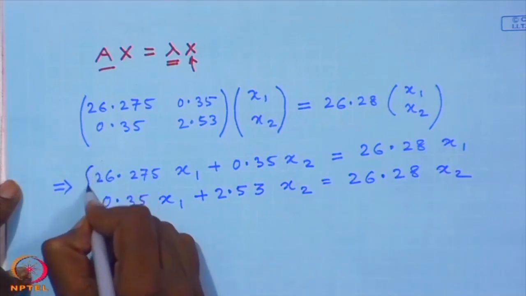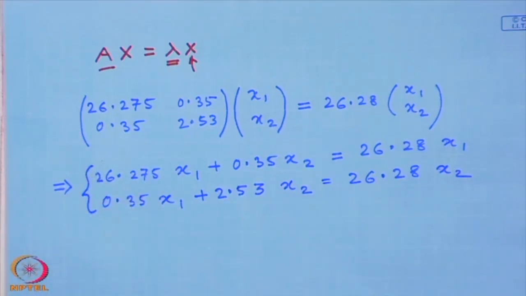So, I get these two simultaneous equations. I have to find the value of x1 and the value of x2 by solving these two linear equations, simultaneous equations.